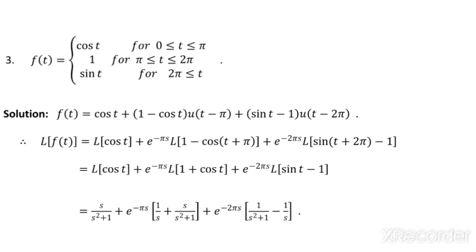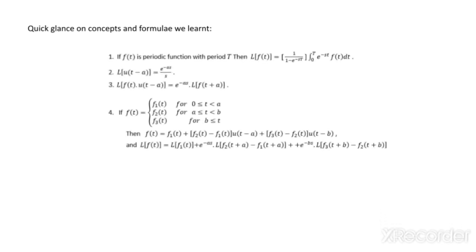What we have taken in today's class, we can have a look on it. So here we go. We have taken the Laplace transform of f of t, where f of t is a periodic function. So remember that result. For unit step function u of t minus a, the Laplace transform is e power minus as by s, and whenever it is associated with any function into unit step function, e power minus as into Laplace transform of f of t is replaced by t plus a.